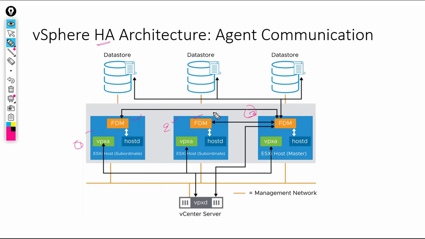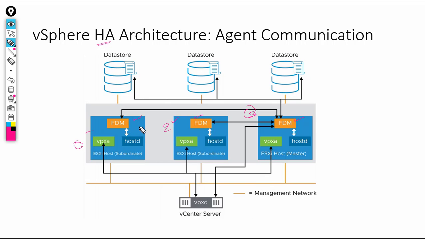This service is automatically started on the members of the cluster when we enable HA, and all the hosts will communicate with each other. Basically vCenter communicates with the host via the VPXA service, and the host communicates with the FDM service via hostd. So hostd and the FDM service communicate with each other. Each host has its own FDM service.